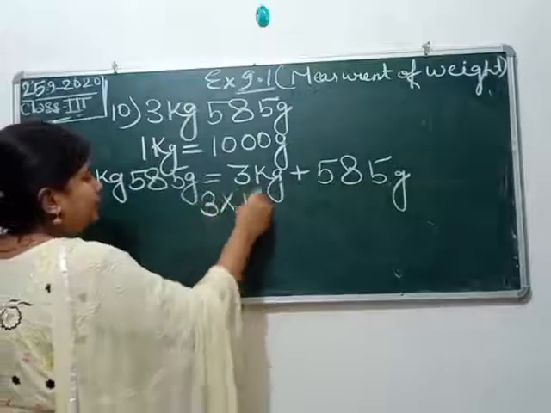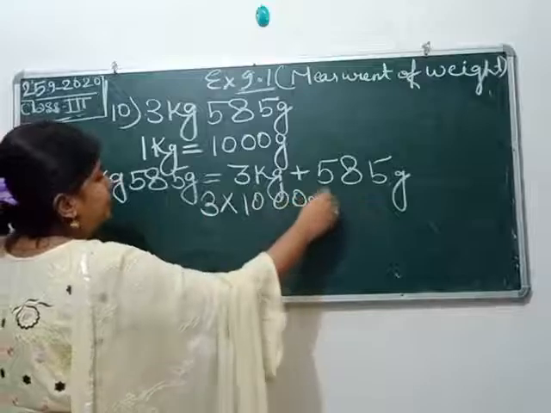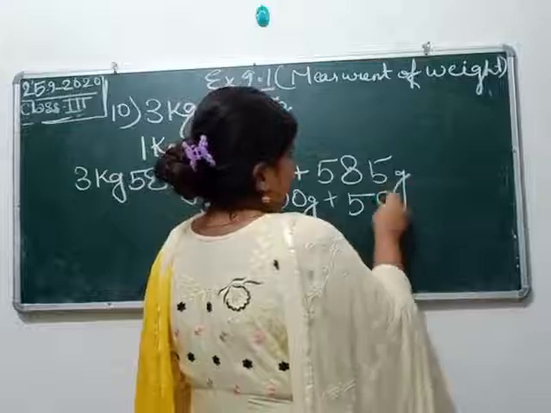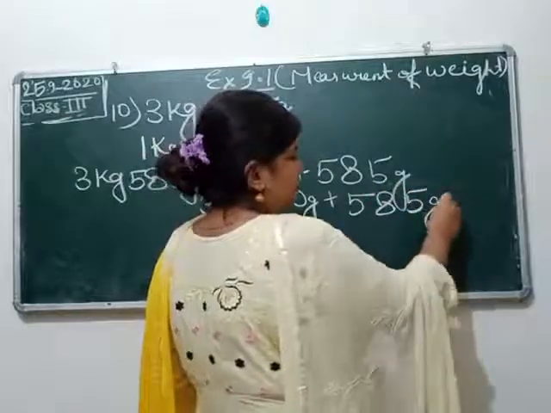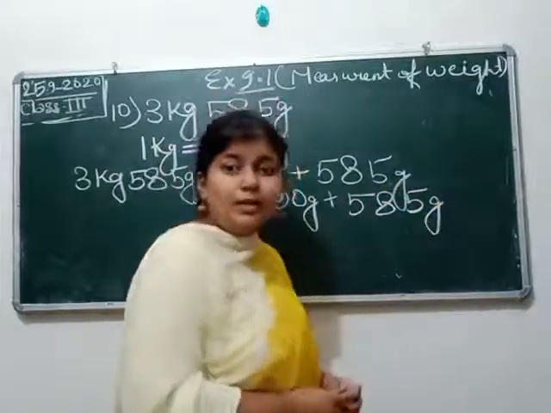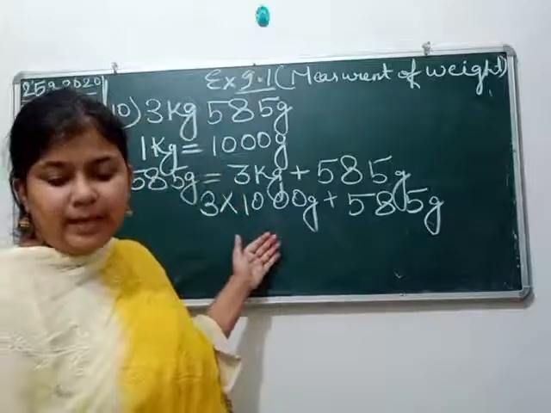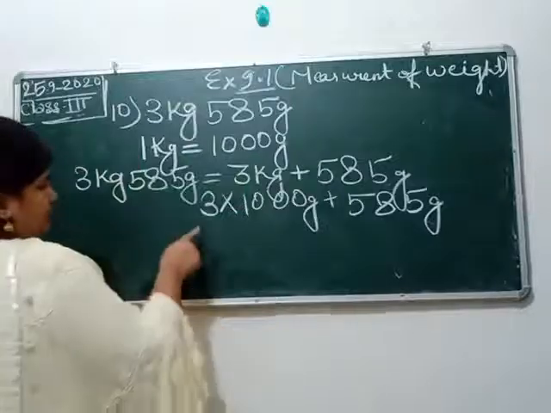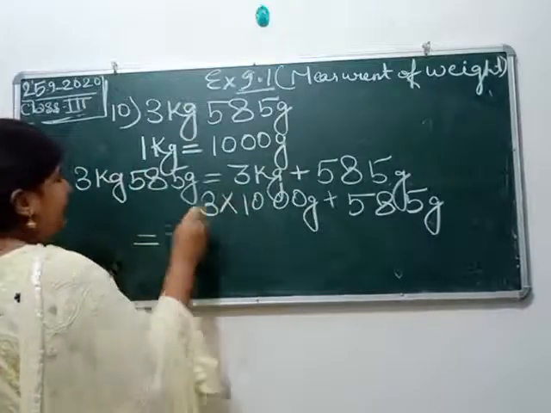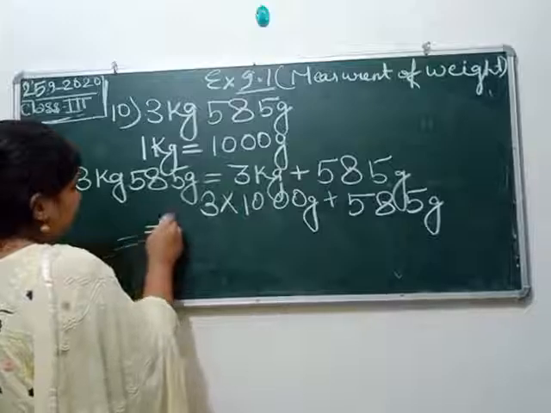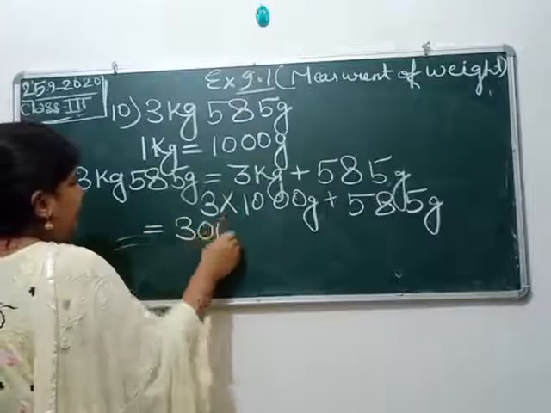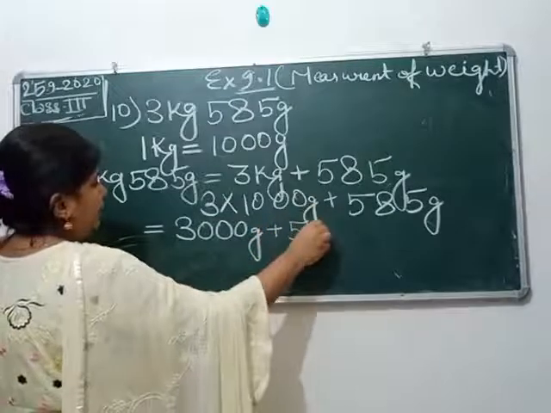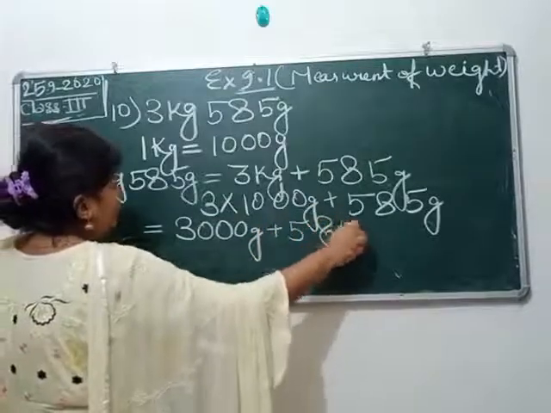So 3 into 1000 gram plus 585 gram. 3 into 1000, 3000 gram plus 585 gram.